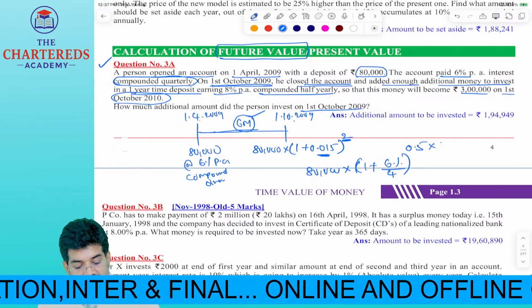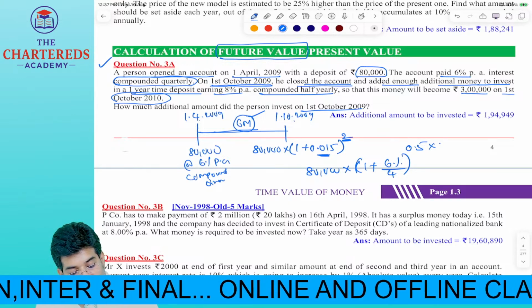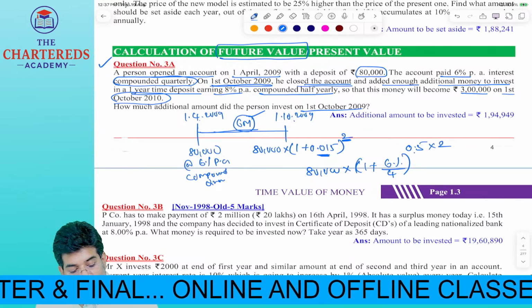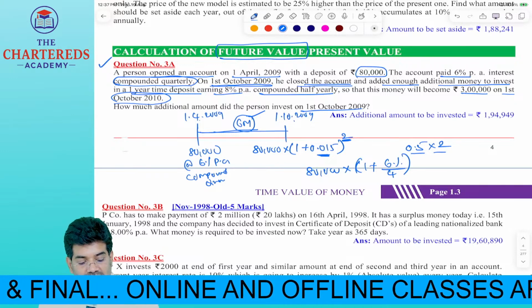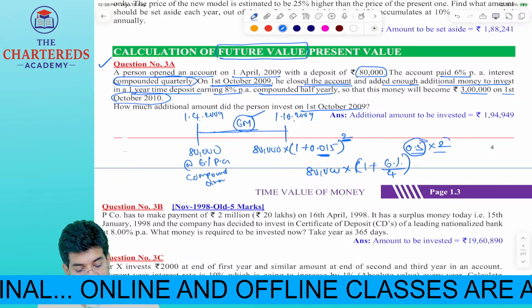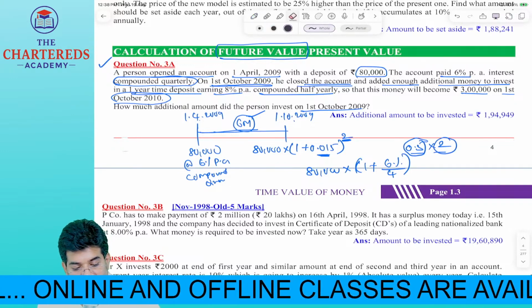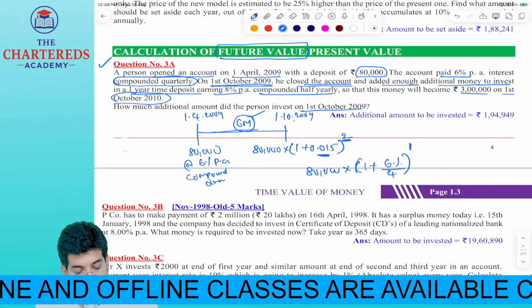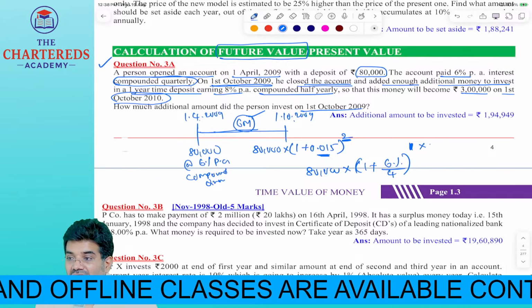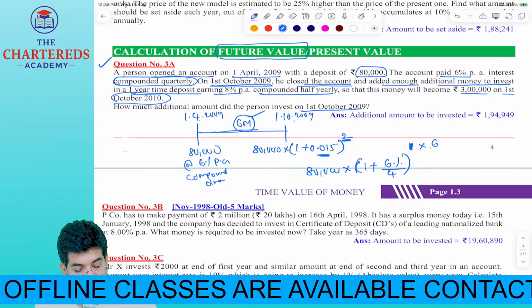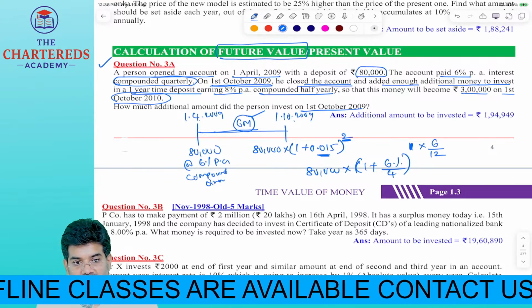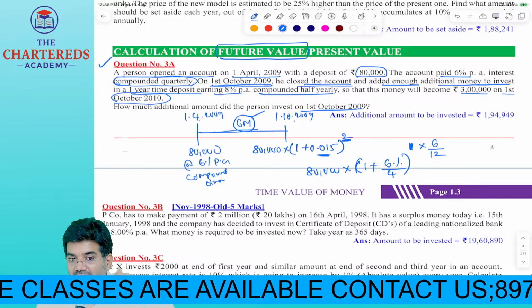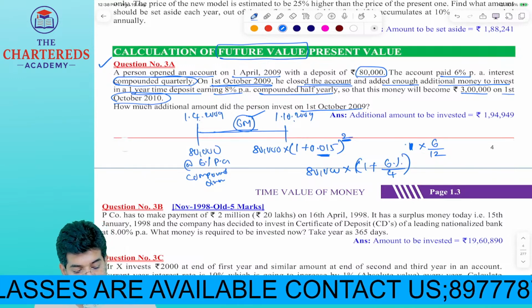Yes. But if I take 2 here, is it in terms of 1 year? Or what you can do is 1 year into our investment period, 6/12. Whole power, how many times our compounding you should get?